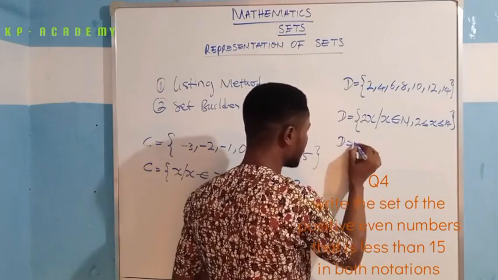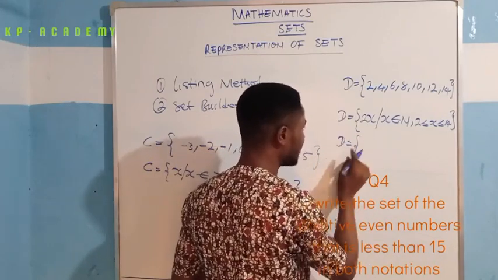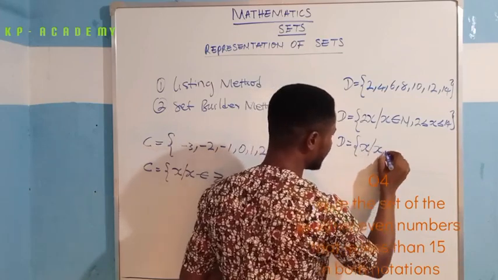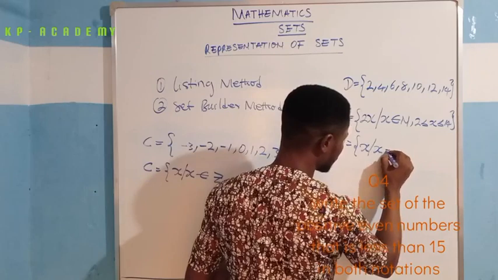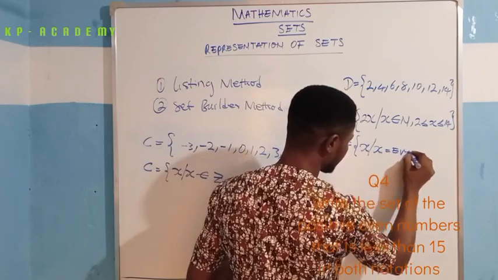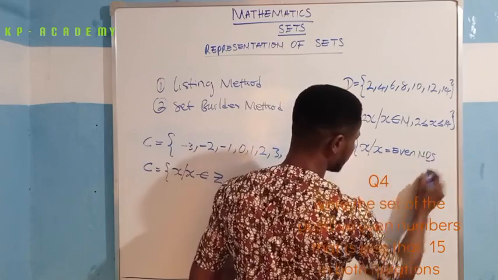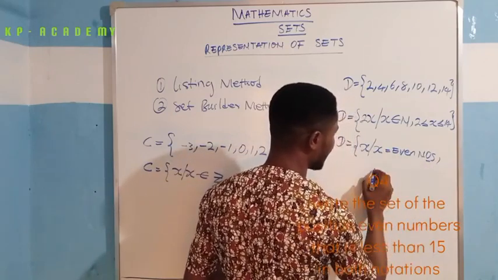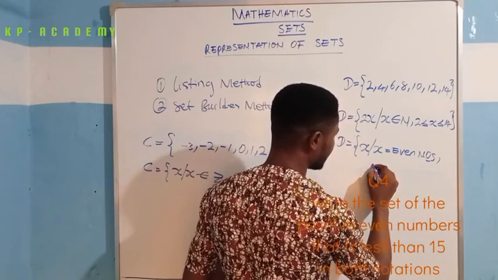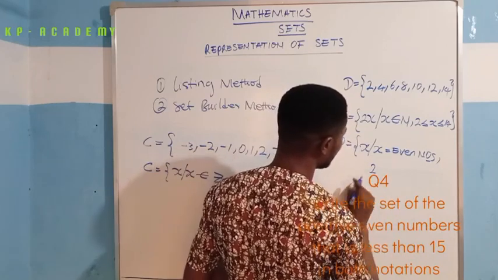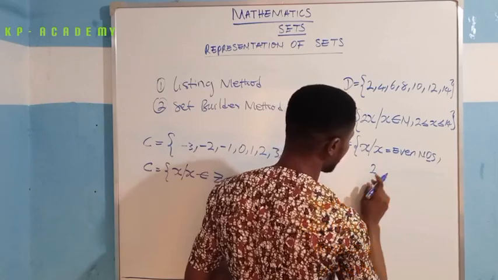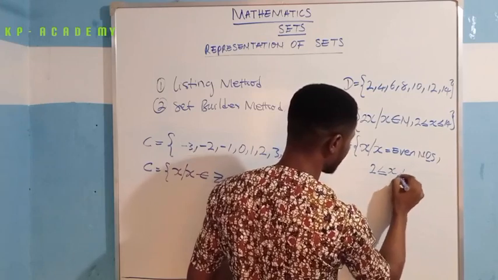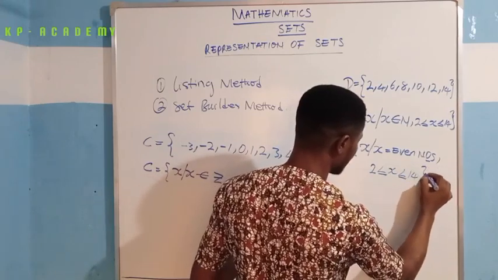So set D can as well, in the set builder notation, be written as x such that x is an even number, and we are going to put the condition that 2 is less than or equal to x less than or equal to 14.